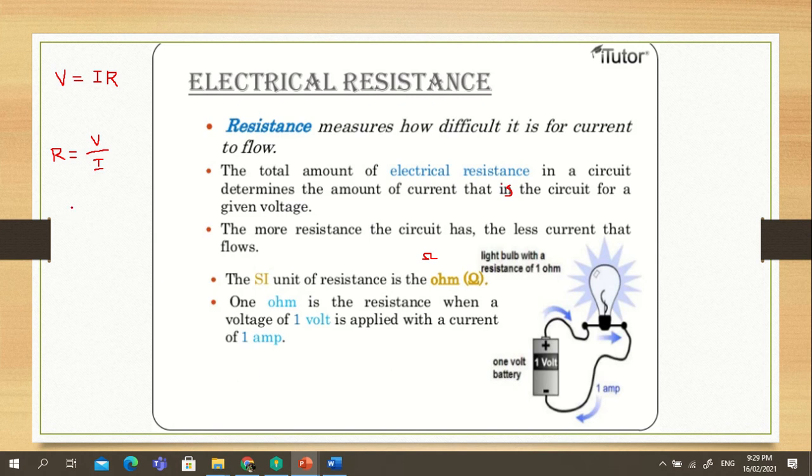So it means that if you are given 1 volt, the unit of volt is V, and 1 ampere, then we have a resistance that is 1 ohm. So that is what is meant by this statement here.